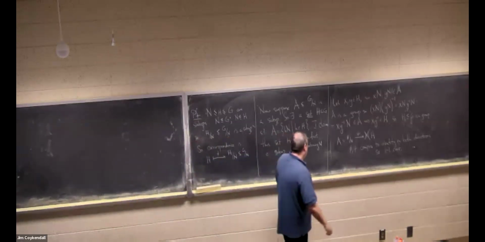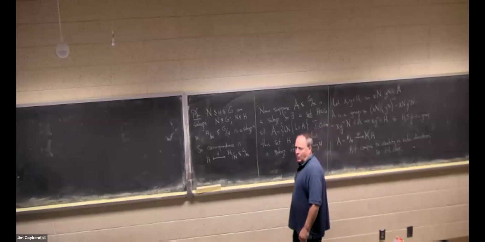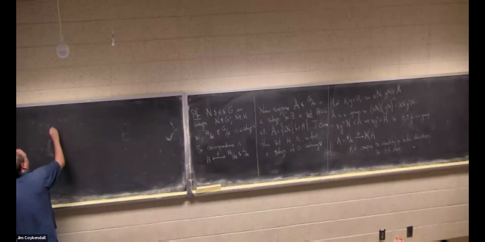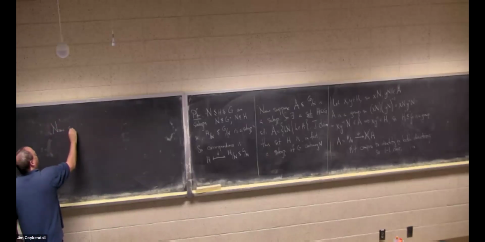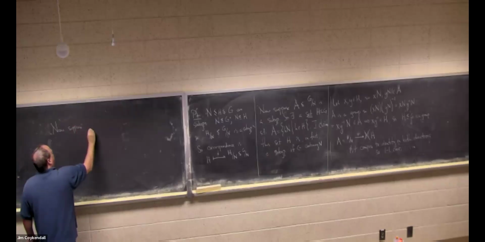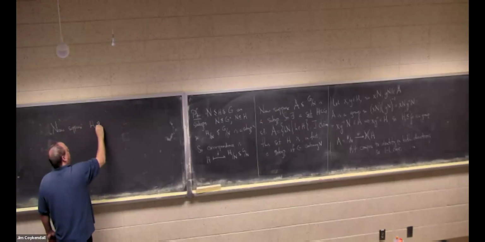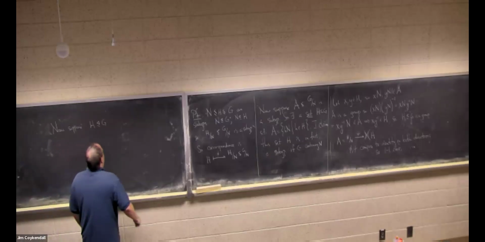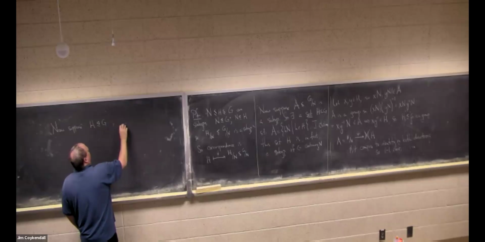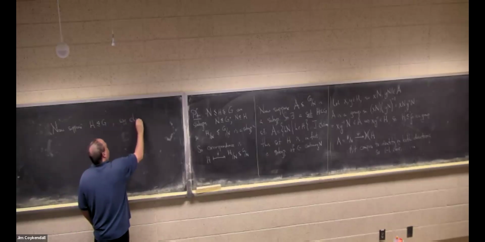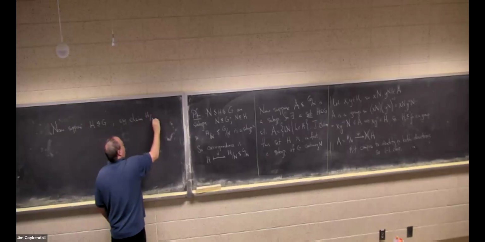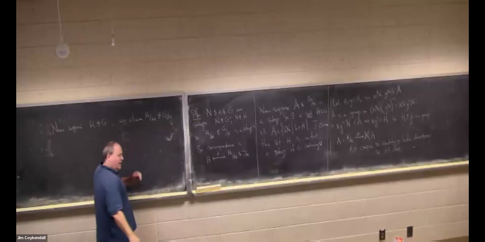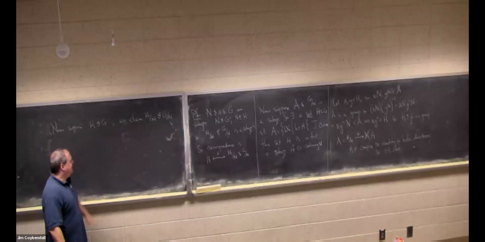Okay, what other parts do I have? Well, now I want to show the normal part. Suppose H is normal in G. We claim H mod N is normal in G mod N. This one's fairly easy.